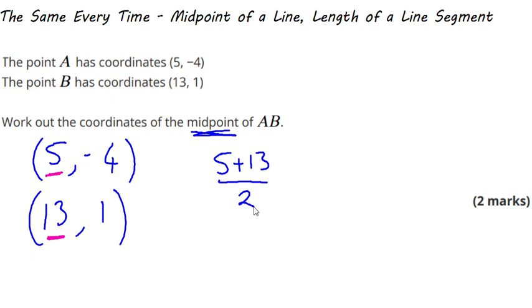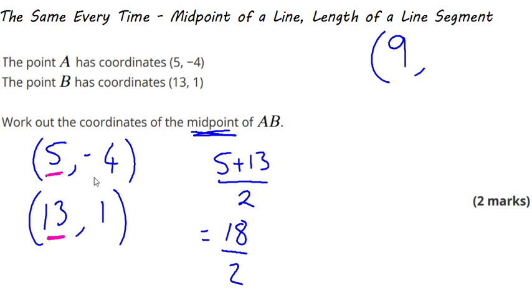If you use the divide by button, that's opening you up to the possibility of making more mistakes. So fraction button, 5 plus 13 on the top, adding together the x-coordinates, and then divide by 2, the 2 on the bottom. We can do this non-calculator though, can't we? 5 plus 13, 18, divide by 2, well, that's going to be 9. So my x-coordinate of the midpoint is 9.